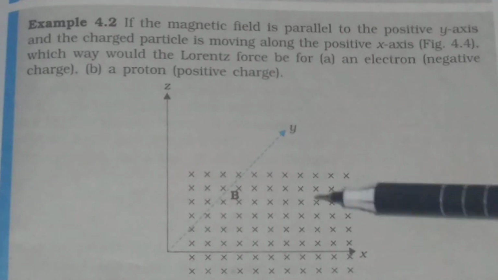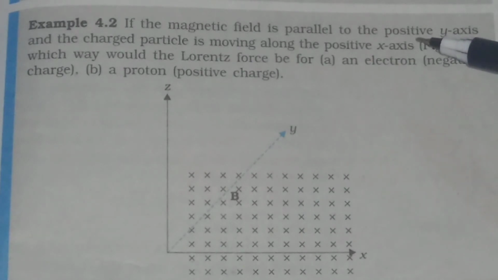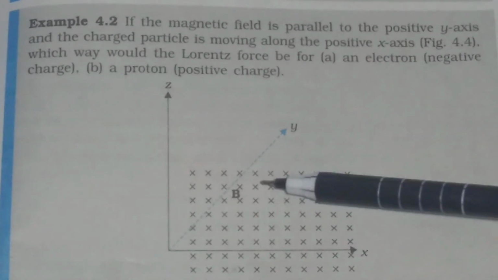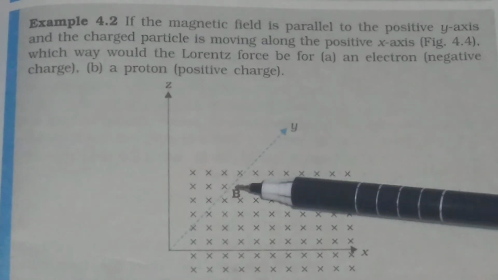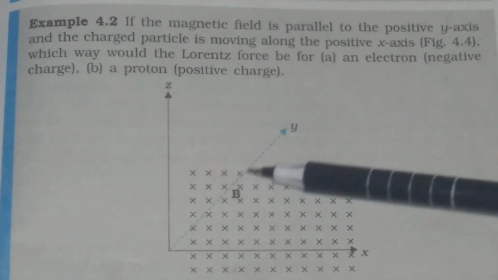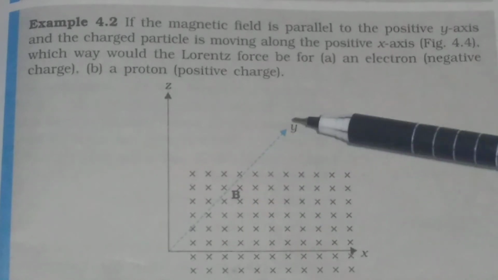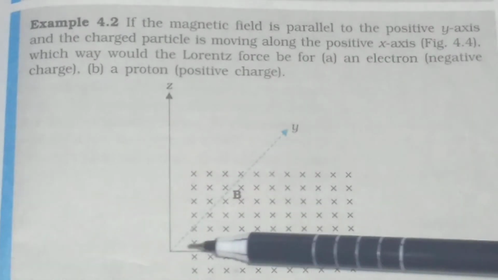It is given that the magnetic field is along the positive y-axis. The cross symbol gives the direction of the magnetic field, and cross means away. This is the direction of the magnetic field and this is the direction of the velocity.